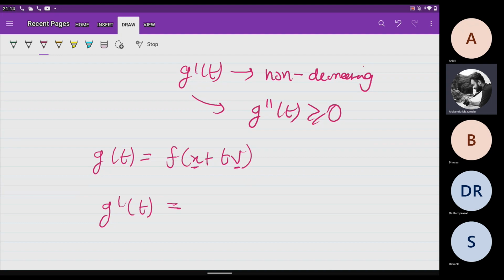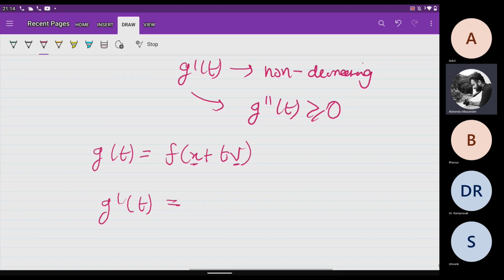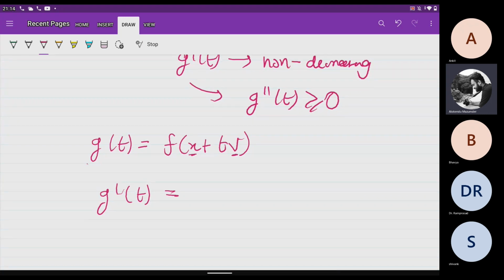You know about the chain rule, right? If I'm taking the derivative with respect to t here, I am supposed to take the derivative with respect to t here also. And according to the chain rule, I will first differentiate this function f.